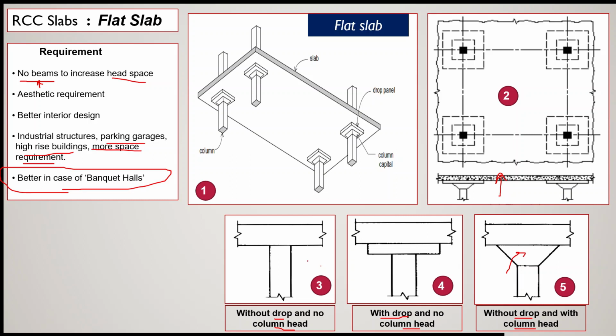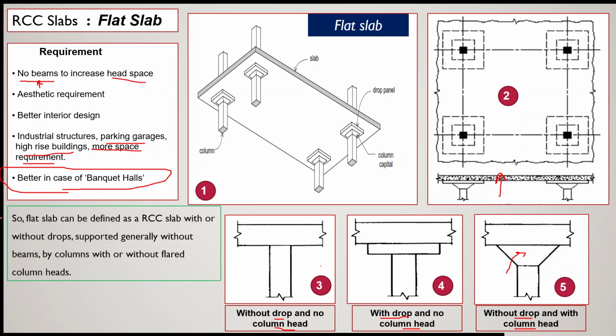So there are possibilities: you can design it without drop and without column head, with drop without column head, without drop with column head, or, sixth, with drop as well as column head. That depends upon the requirement, which you will understand when you go through the design process.